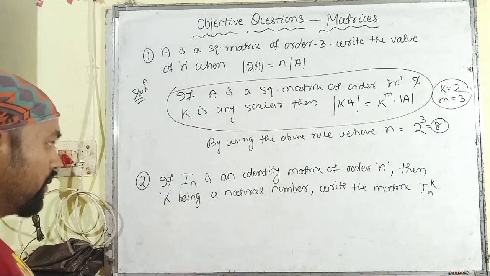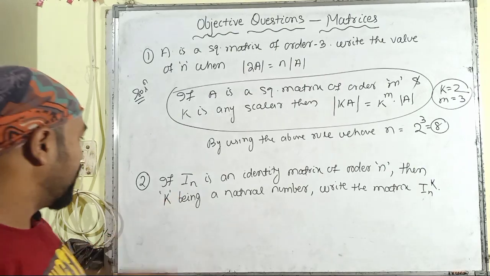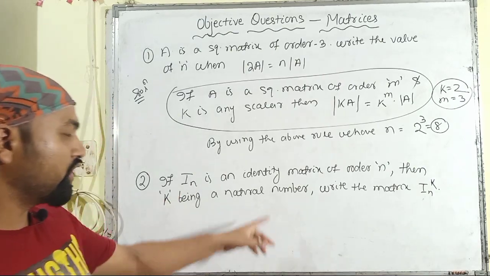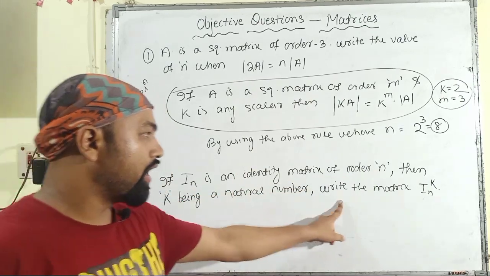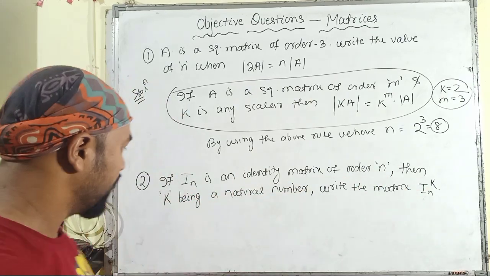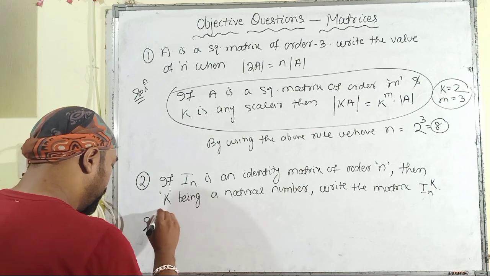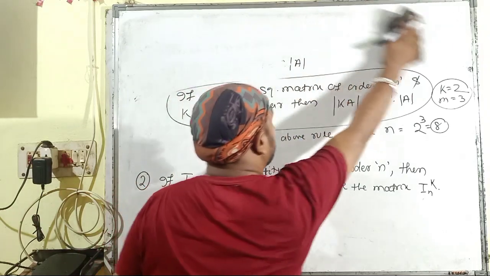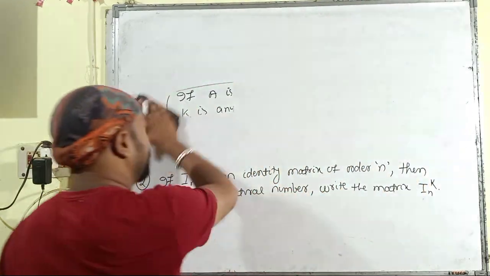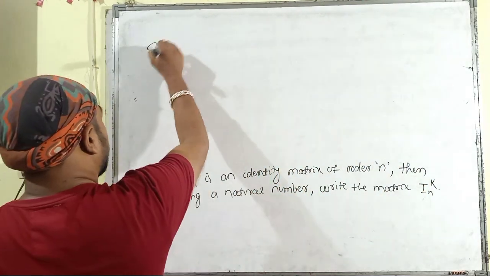Then moving to the second problem: it is given that if In is an identity matrix of order n, and k is a natural number, write the matrix In to the power k. So here is the solution.